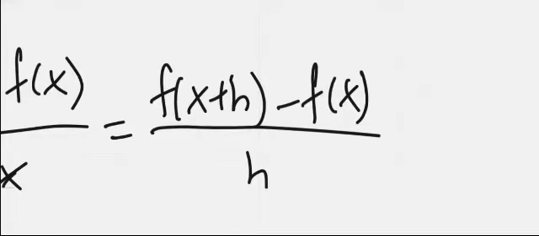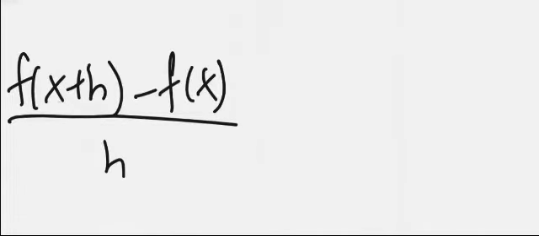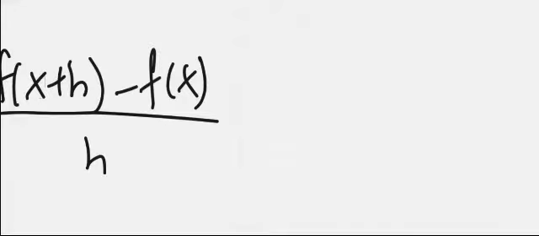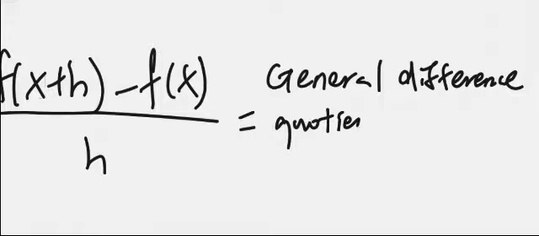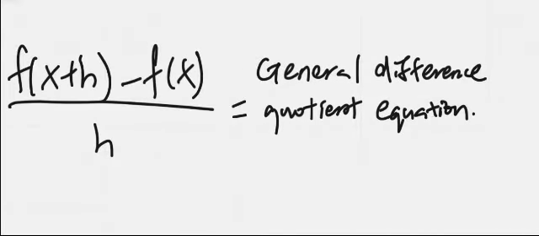This very simple equation you see here, well, not so simple maybe, is called the general difference quotient equation. And this is something very, very related to the derivatives in calculus.